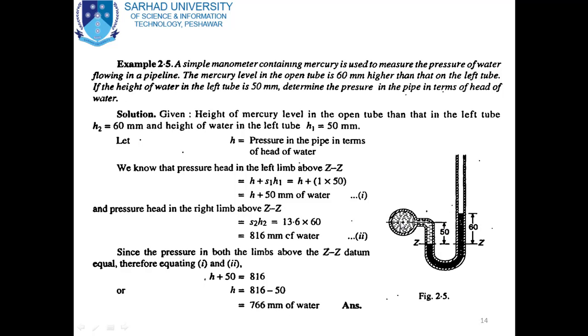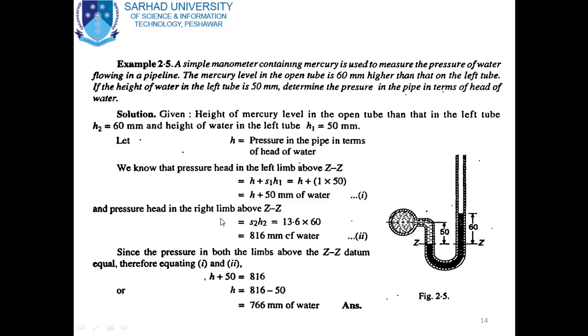So pressure in the left limb is equal to H, which is the pressure in the pipe in terms of head of water, plus S1 H1. Putting values, the specific gravity of water S1 is 1, and H1 is equal to 50 mm, so we get H plus 50 mm of water. Let this be equation 1.